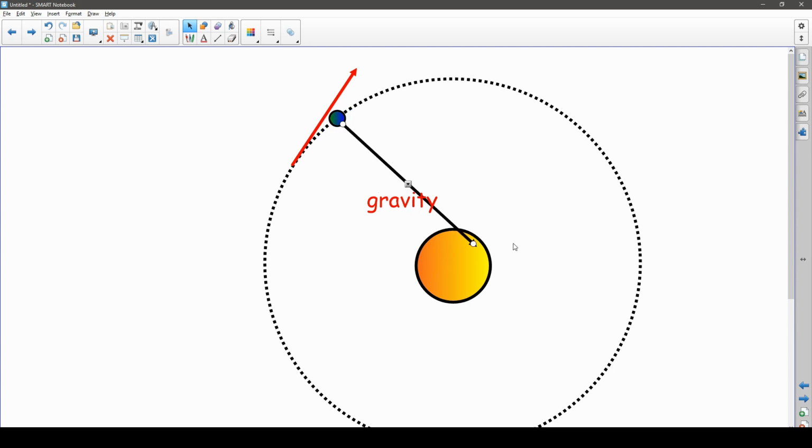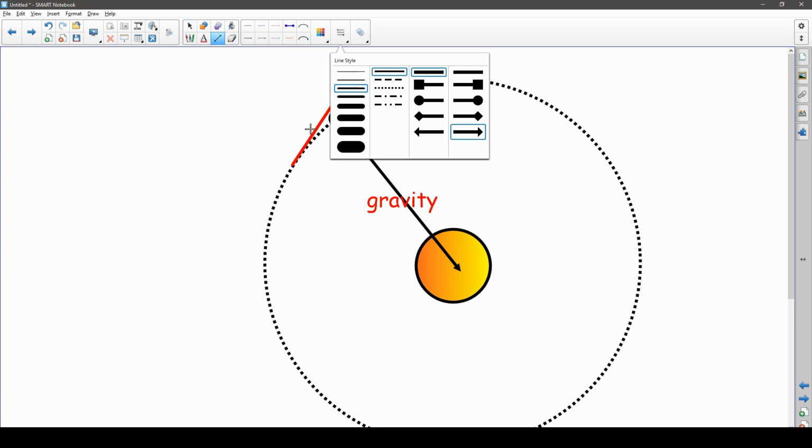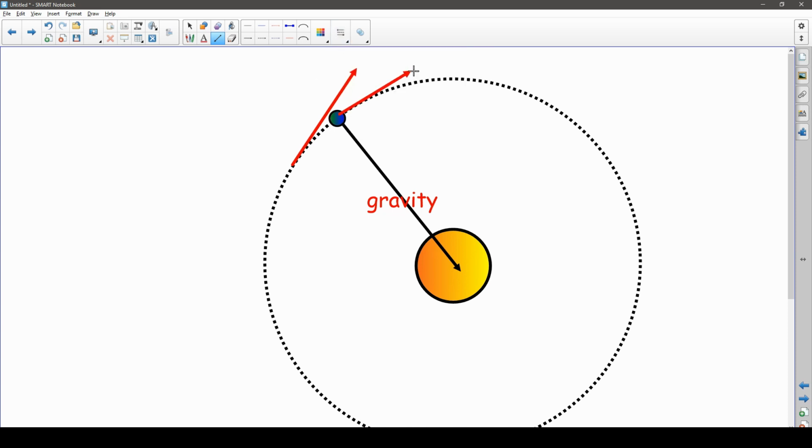But once it gets around to here, the force of gravity is this way. But the planet wants to go in a slightly different direction this time. It wants to go this way. But the gravity stops it from going along this line, and forces it to travel in this path.